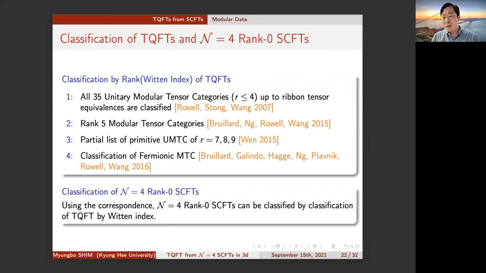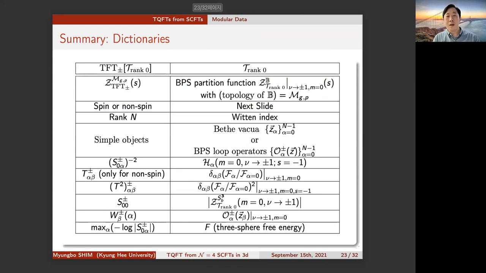And by using the classification of modular tensor categories, we can classify the N equals 4 rank 0 CFTs. Once again, what I explained before is summarized in this table.